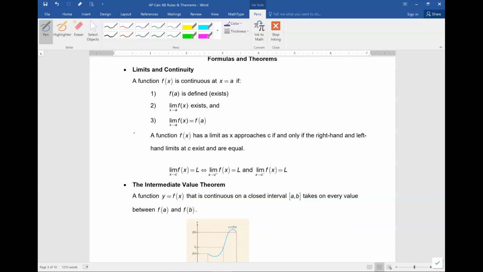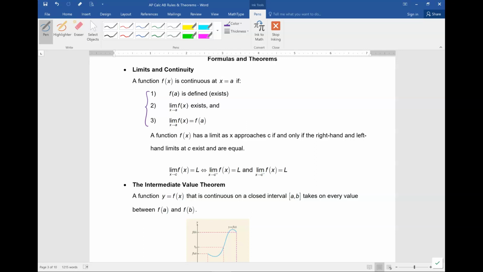Okay, so continuity. How do you prove or justify that a function is continuous? Well, in order for a function to be continuous, it has to satisfy 3 conditions, right? And so remember that.